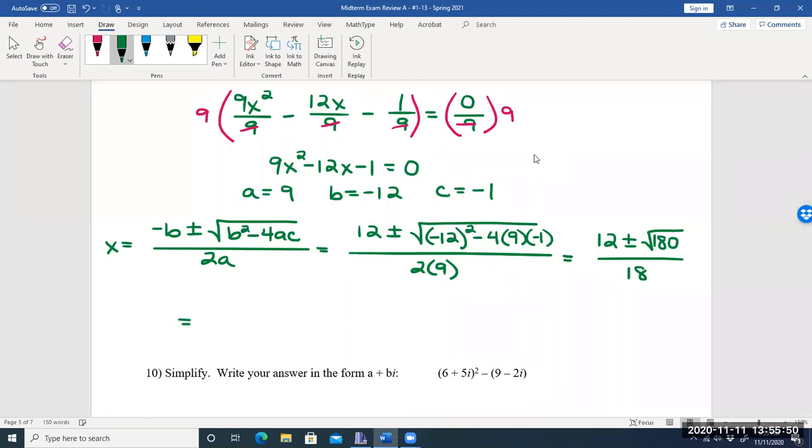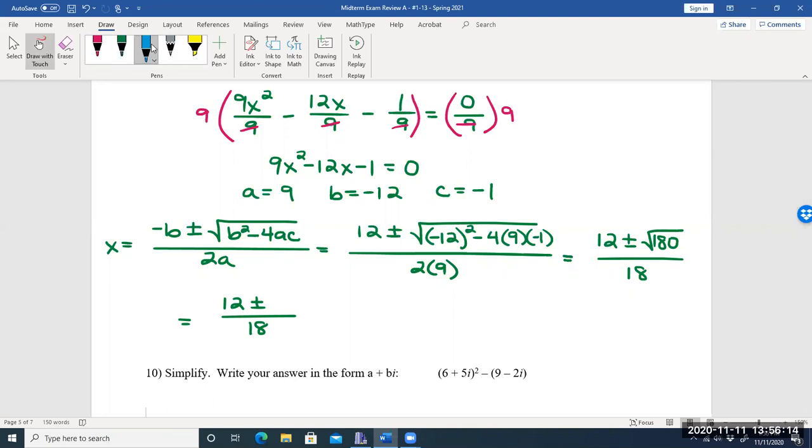All right, so to reduce, we do want to reduce, but before we reduce the 12 and the 18, I can't reduce them until I simplify my square root, because I've got to find a common factor in all three of those terms. So let me look at the 180.